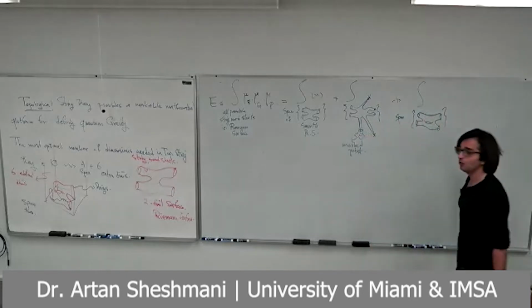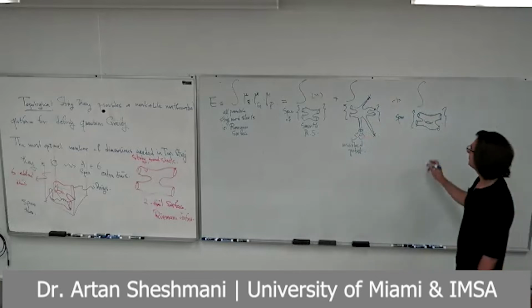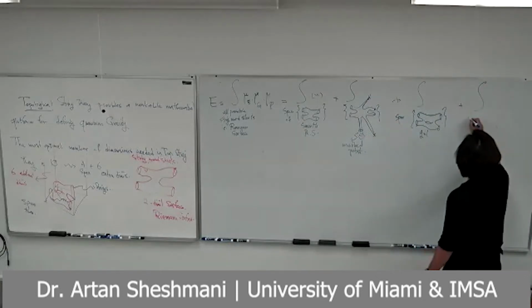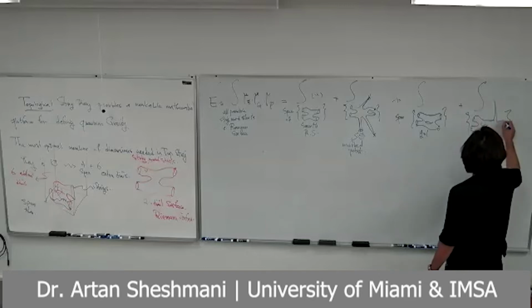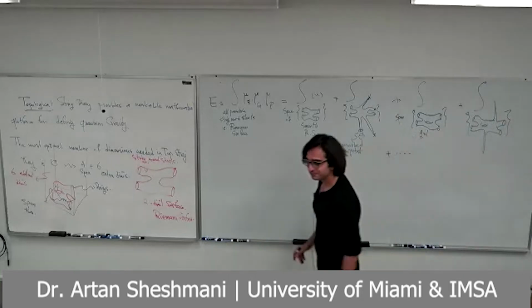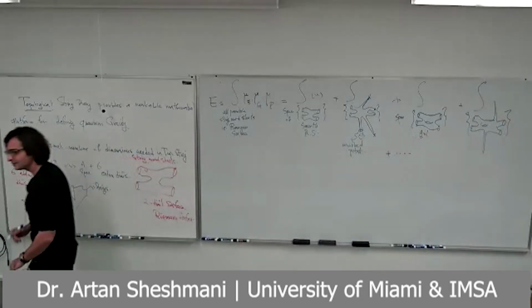For instance, they might have a hole. So genus 1. Genus 1 with markings, so on and so forth. Okay?